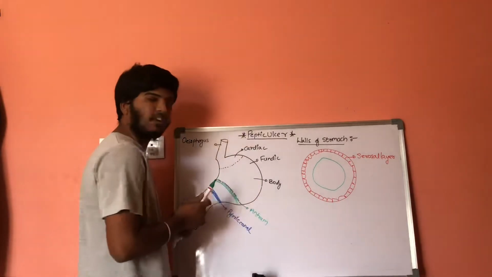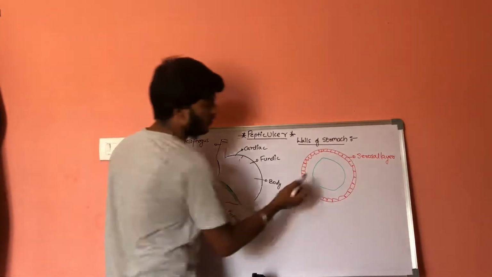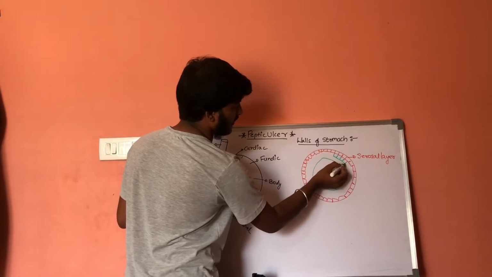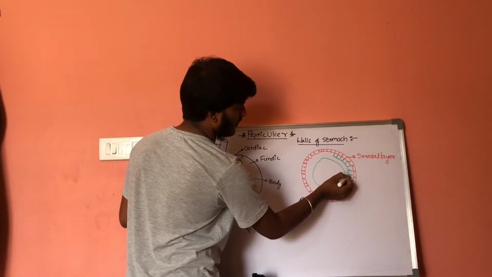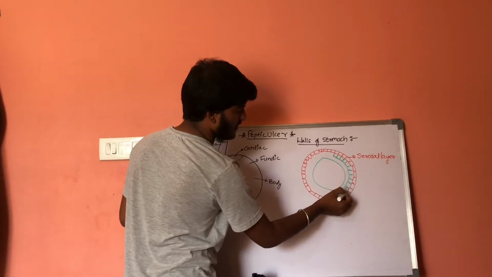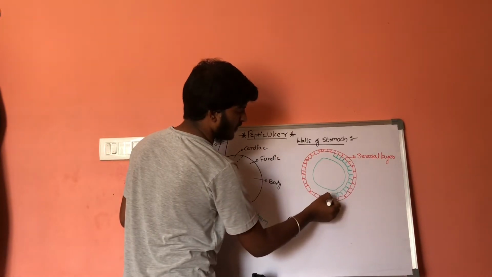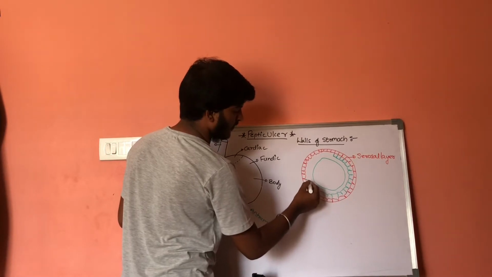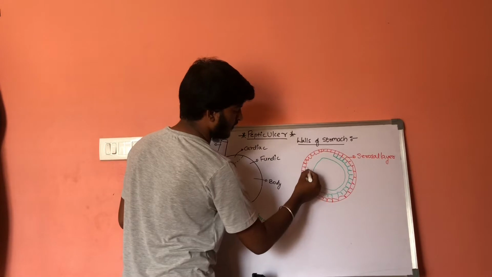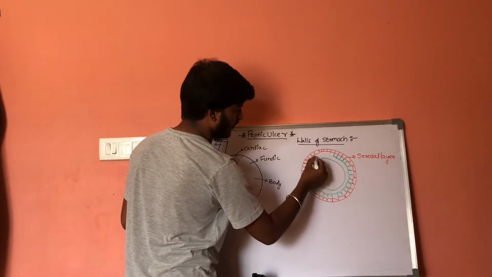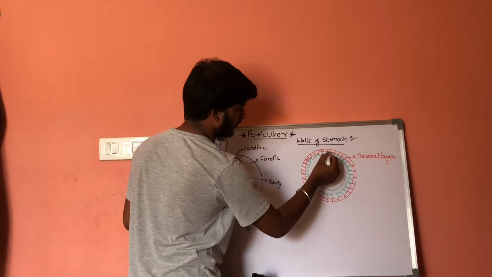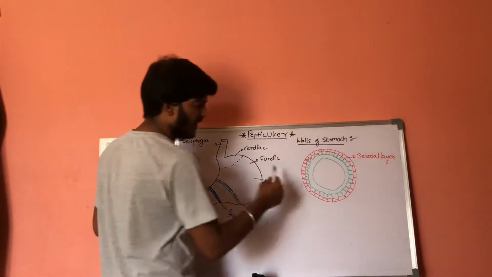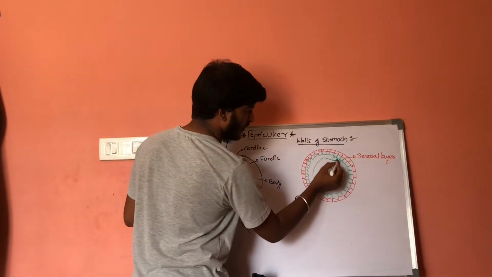Again, this muscularis externa is divided into two regions. The outer longitudinal region consists of longitudinal muscles, whereas the inner layer consists of circular muscles.